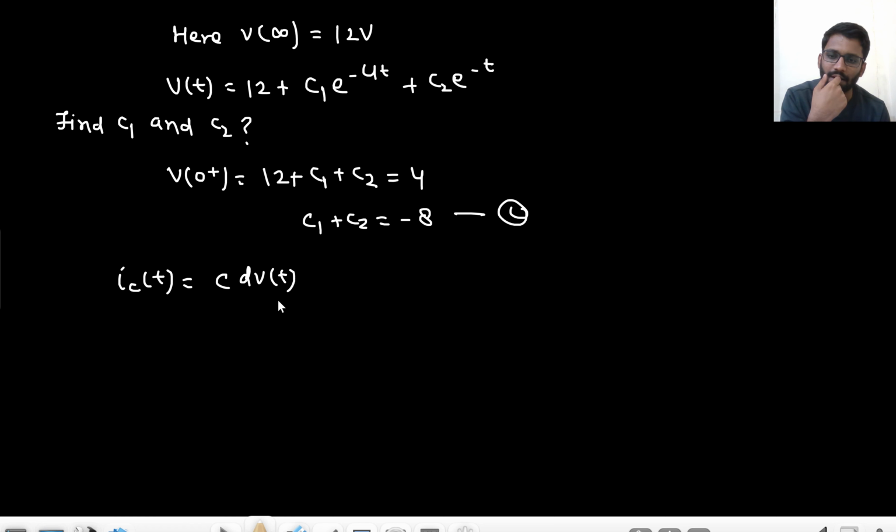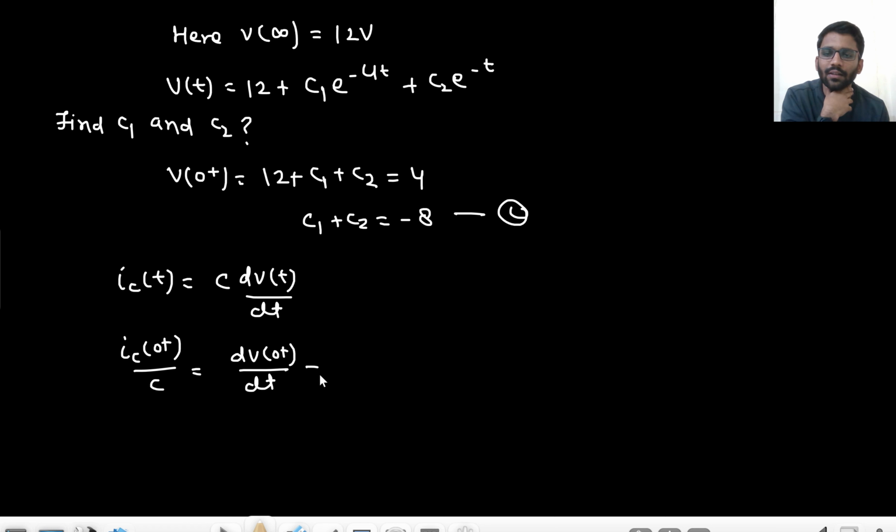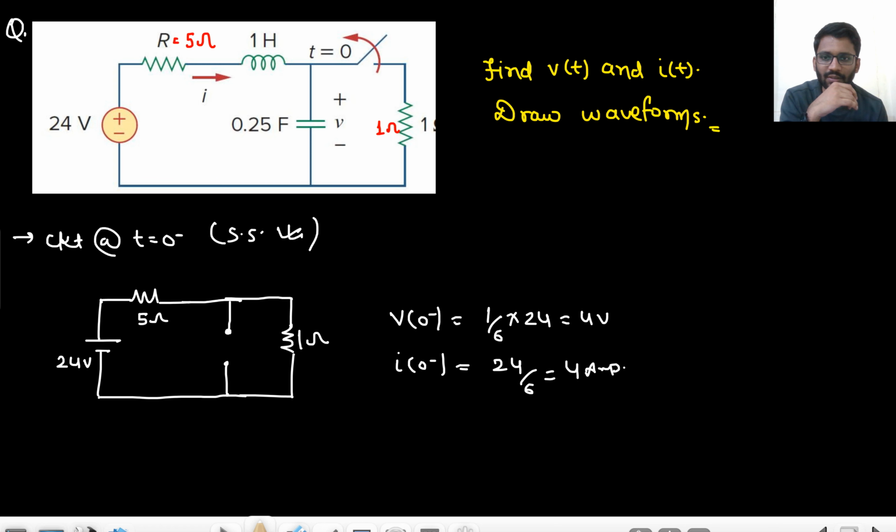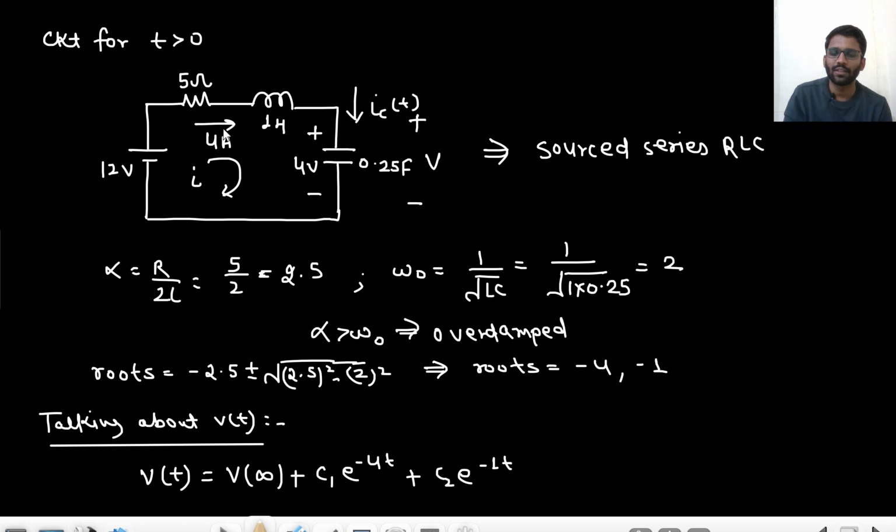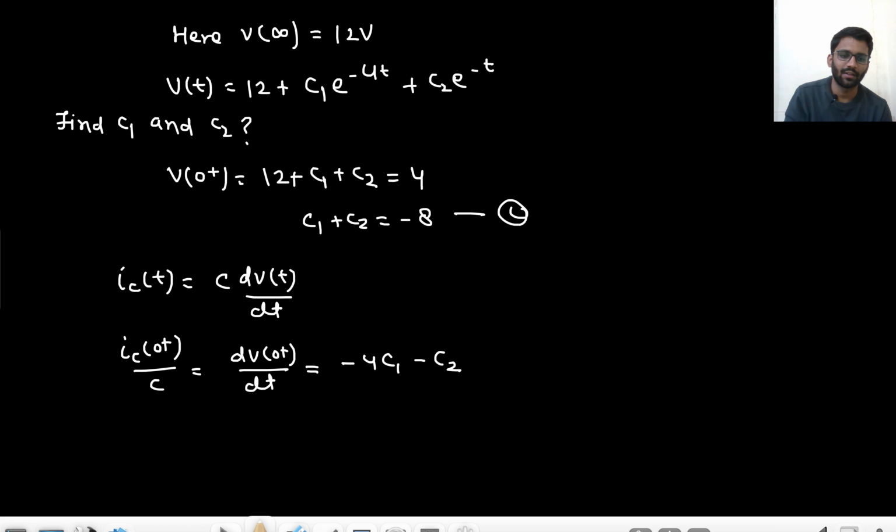So IC(0 plus) by C would be equal to the differentiation of V at 0 plus, and that would be minus 4C1 minus C2. What is IC at t equals to 0 plus? 4 ampere current is flowing. I of 0 minus will be equal to I of 0 plus. So IC at t equals to 0 plus will be 4 ampere only.